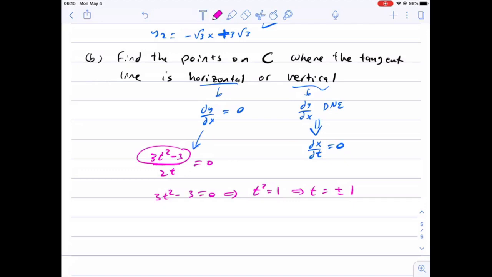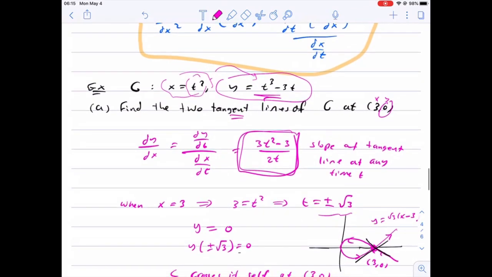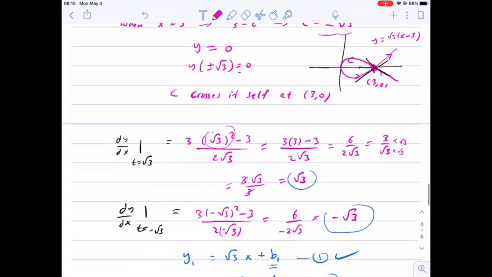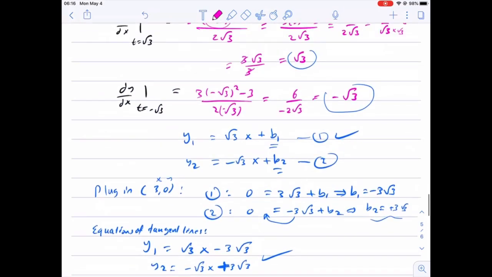So when t is 1, x is 1 and y is negative 2. So (1, negative 2) when t is equal to 1.